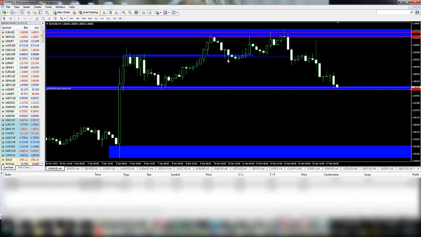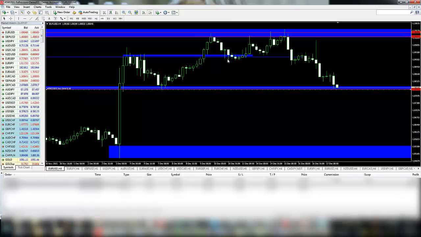If you're drawing 4-hour zones off the 4-hour chart, you don't want a 4-hour bar closing within that zone. That invalidates the zone. If price bounces with a wick or bursts through the zone, that's okay. Still a valid zone in the future.